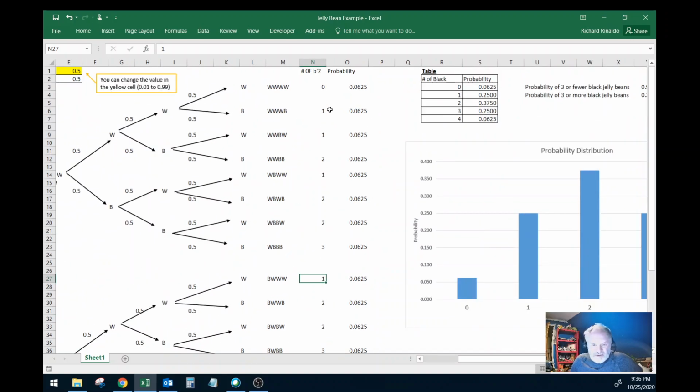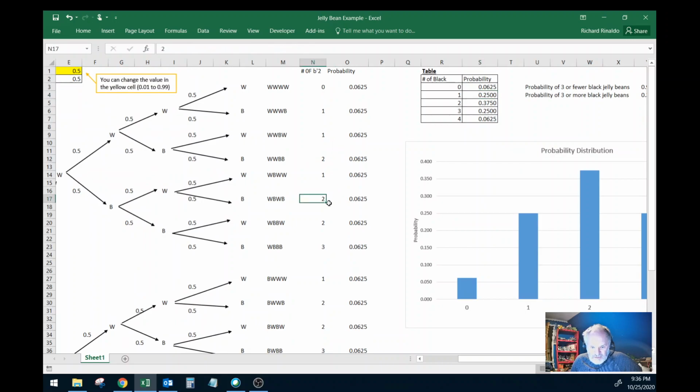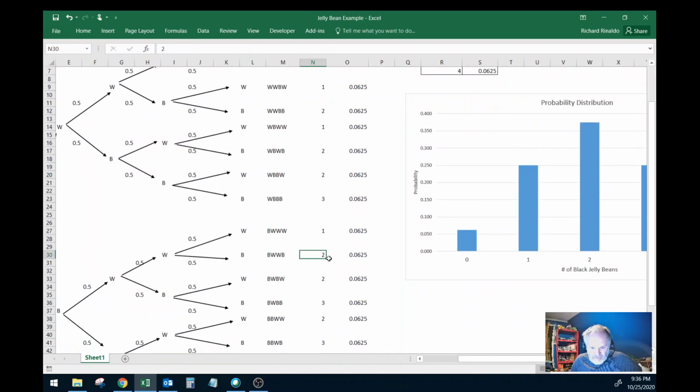So let's just, hopefully you can see that a little better. So 1, 2, 3, 4. So 4 times 0.0625 is 0.25. Now for two black jelly beans, there's 1, 2, 3, 4, 5, 6 occurrences of that.